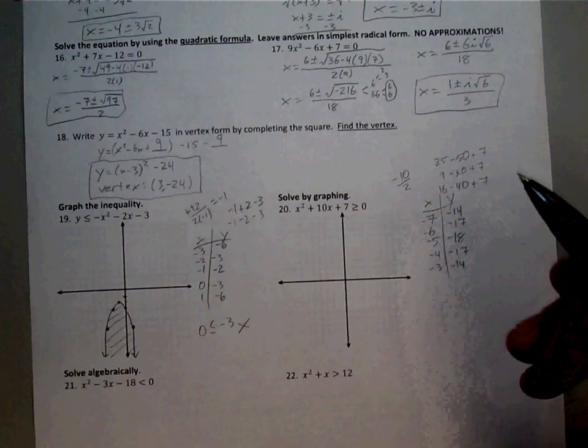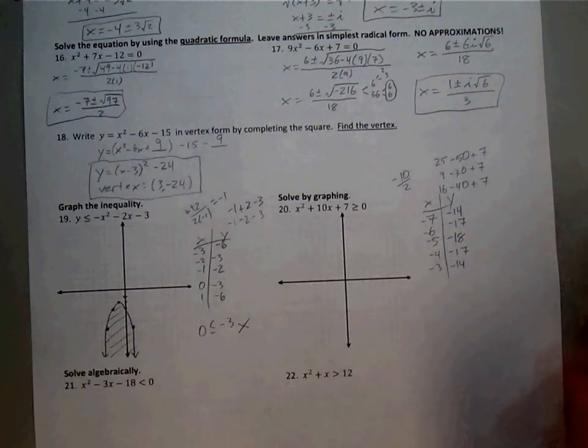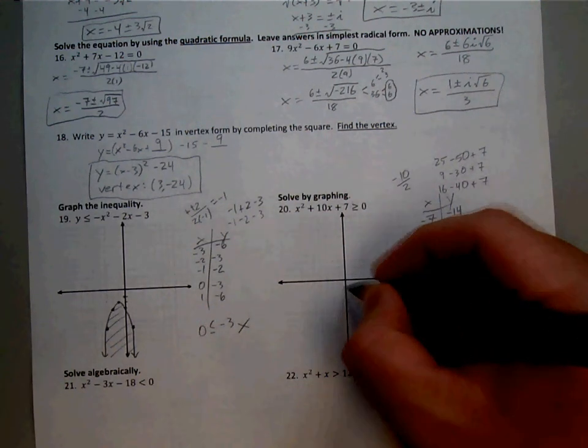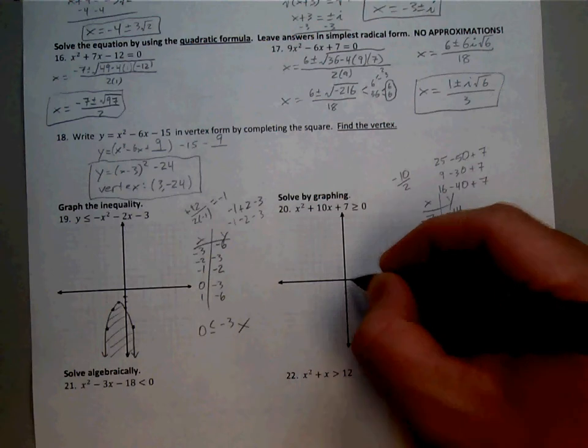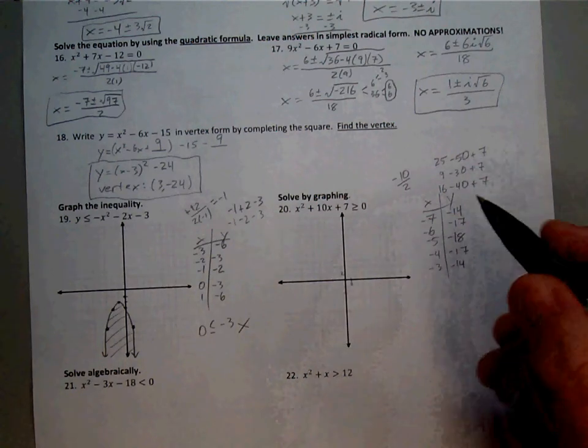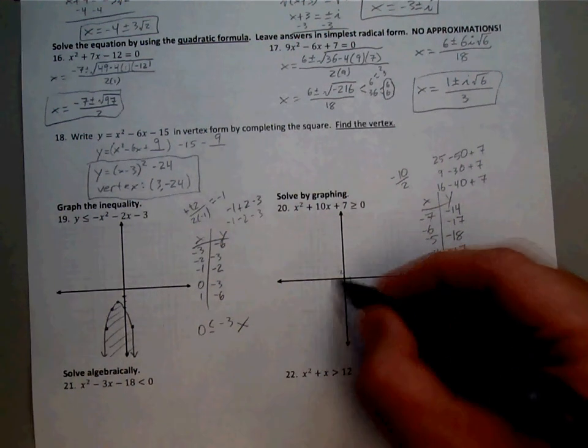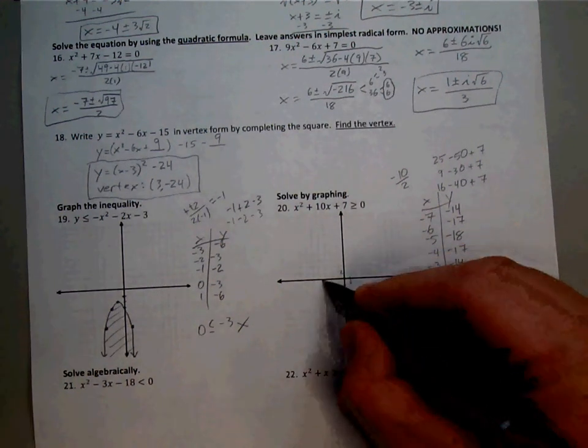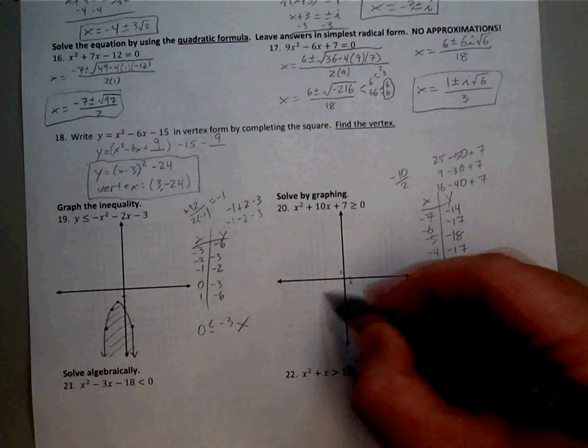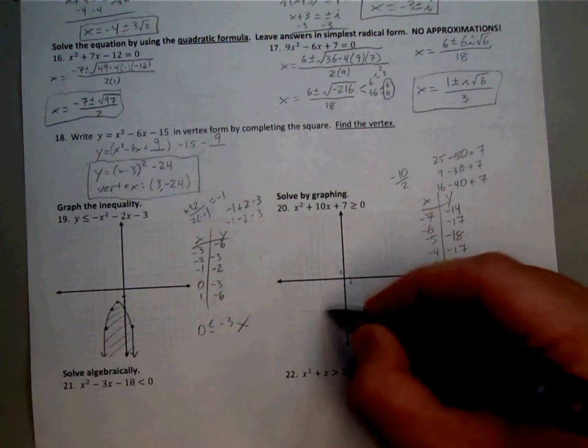But let's go ahead and graph this. Maybe going by 2's here. So 2, 4, 6, 2, 4, 6, 8, 10, 12, 14.